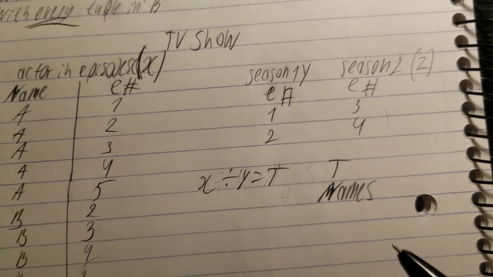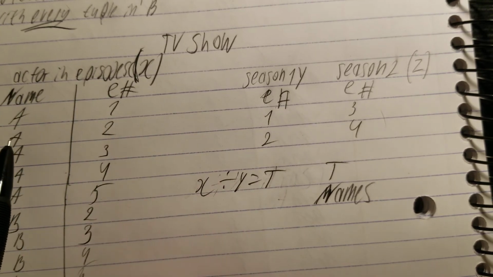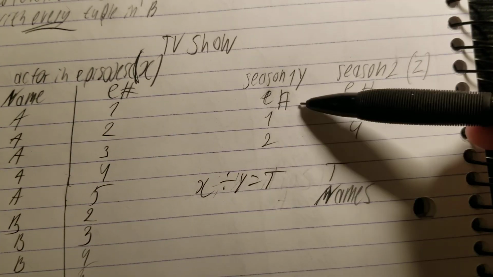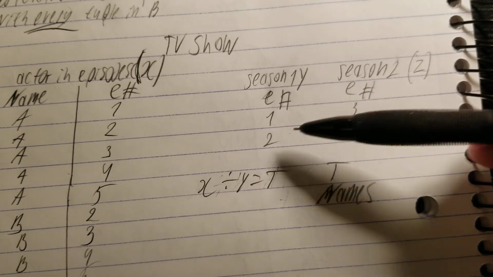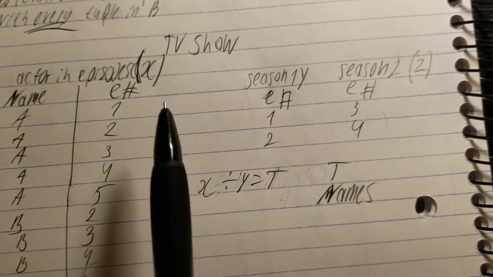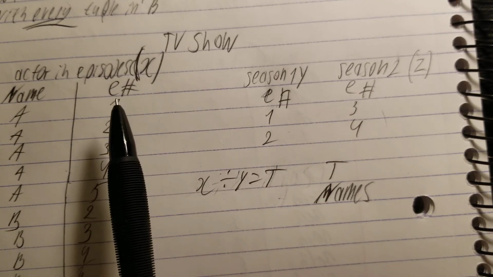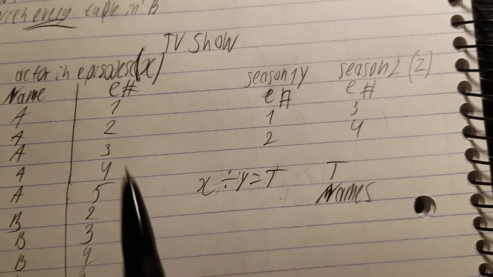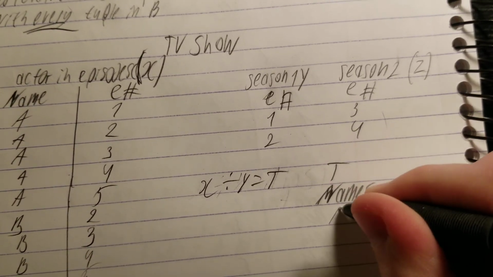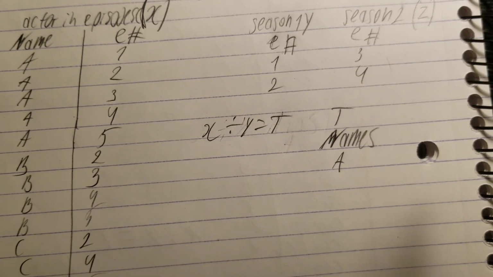Now the name that we get in here is Alan. And the reason we get this name is because we look at season 1. Well, season 1 has episodes 1 and 2. Now, who has been in every single episode of season 1? Meaning 1 and 2. So Alan has been in 1 and 2. So Alan definitely makes it here. Now let's look further.